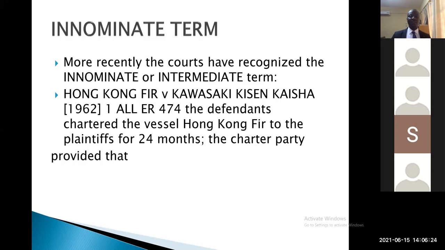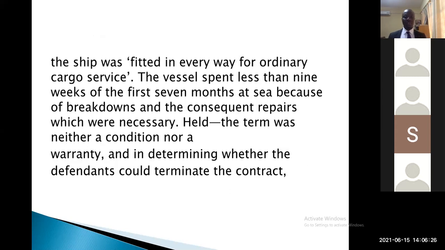Fitted in every way for ordinary cargo service. So this was the crucial term. So the contract stated that yes, the ship that you are providing is in every way fitted for ordinary cargo service.